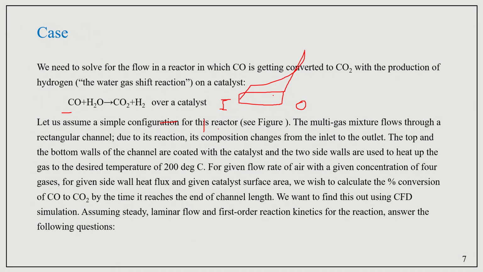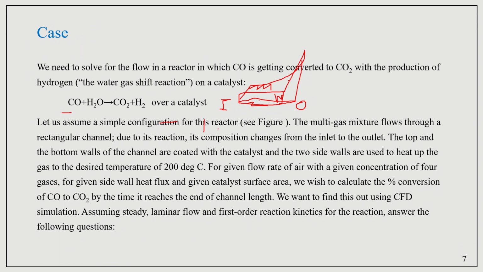Top and bottom walls are coated with catalyst, and the side walls are used to heat the gas to the desired temperature. So both the side walls are used for heating to 200 degrees Celsius.